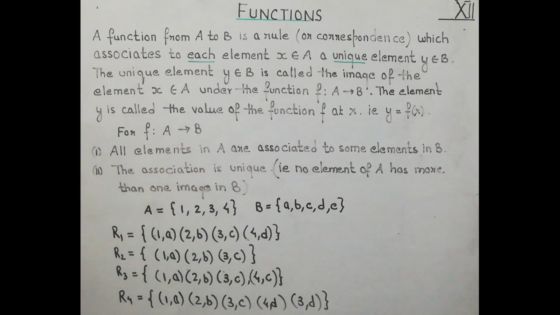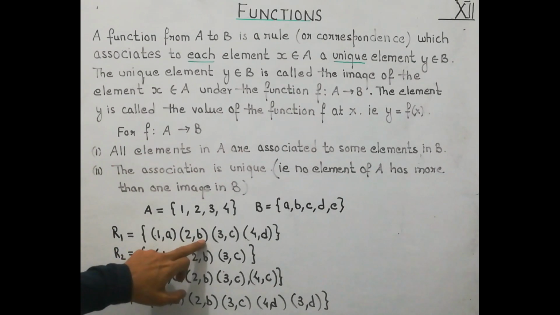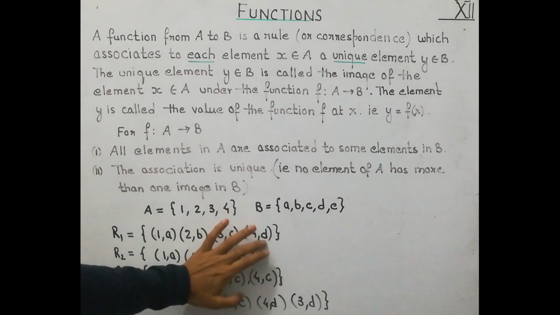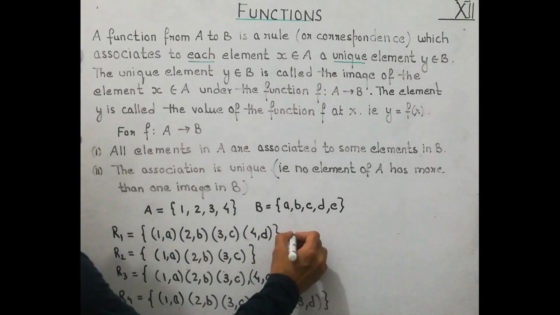All the elements are associated. The second says that it should be a unique image. That means none of the elements should have two images. You see, 1 has only one image, 2 has only one, 3. So this relation is a function.